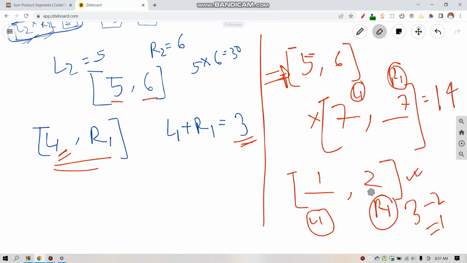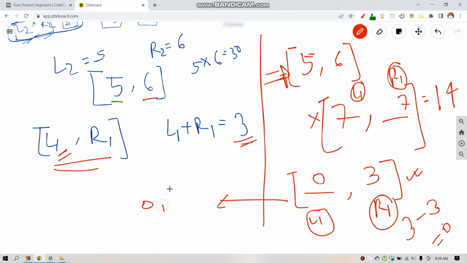If we took 3 here, then 3 minus 3 equals 0, so we can write 0 there, and our range L1 R1 becomes 0, 3. So there can be multiple answers, and we should print any of them.